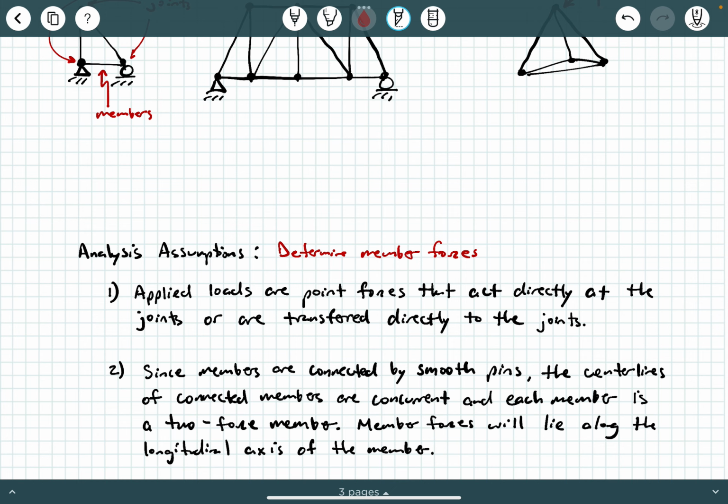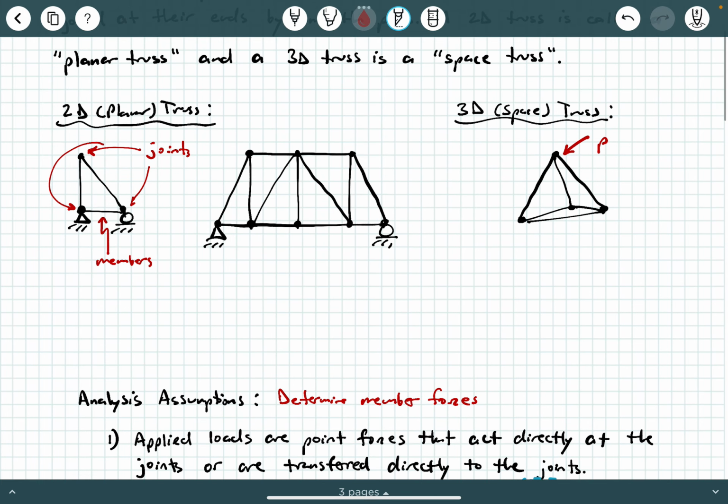In order to do that, we need to understand some underlying assumptions. Let's look at number one. Assumption number one is that applied loads are point forces that act directly at the joints or are transferred directly to the joints of a truss. If we go back to our illustration, you notice that I have these joints here.